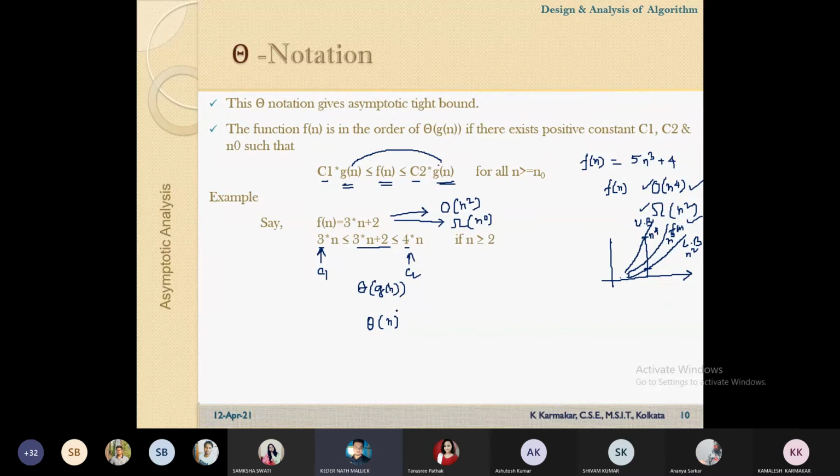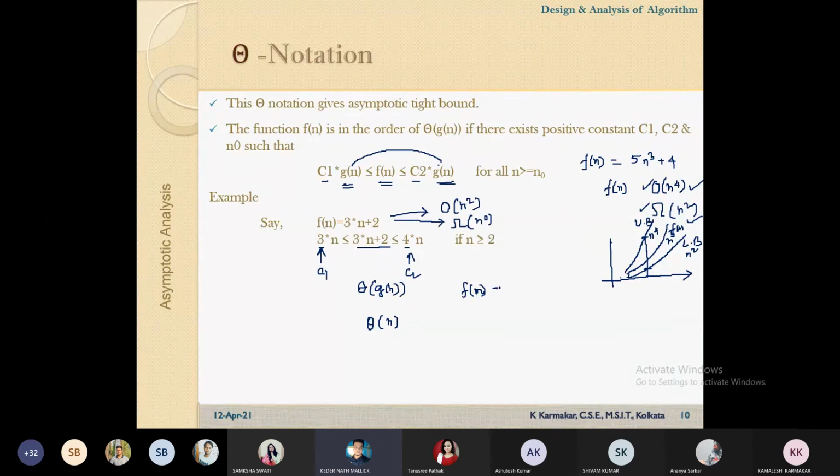Okay. Give me any one example. Give me a function. It will help us. 3n plus 2. Can you repeat it? Fn equals 3n plus 2. This given function, or you will take some other function, where n is very complex, like n to the power n.